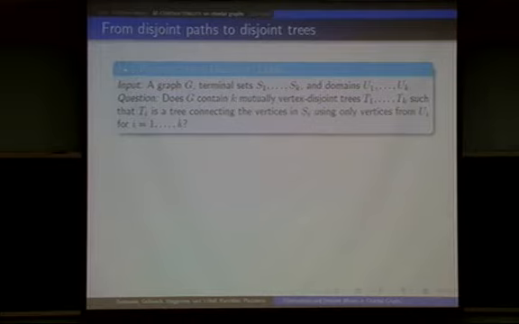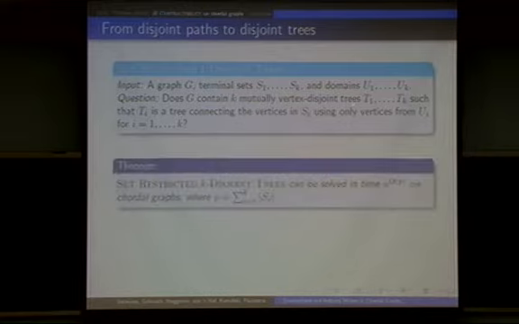So we're doing almost the same as for disjoint paths, except that now we call it vertex disjoint trees. So instead of pairs you have sets, you still have domains, and you ask for trees instead of paths. And we can solve this problem in n to the O(p) time, where p is basically the total number of vertices you have here.